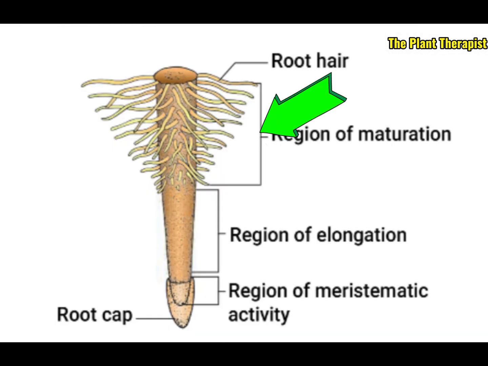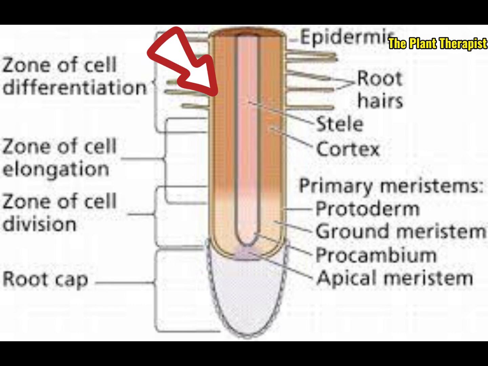Most of the cells mature or differentiate into various distinctive cell types of the primary tissue in this region, which is sometimes called the region of differentiation or root hair zone. The root hairs, which absorb water and minerals, adhere tightly to the soil particles with the aid of microscopic fibers they produce and greatly increase the total absorptive surface of the root.